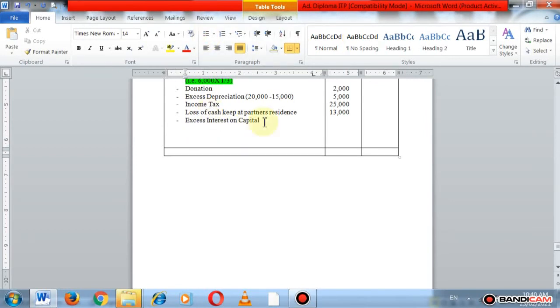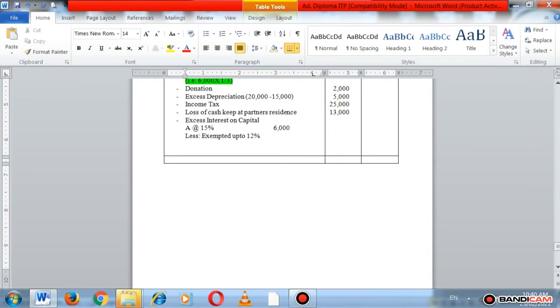So here, A at the rate of 15% amounted to rupees 6,000, less exempted up to 12%.